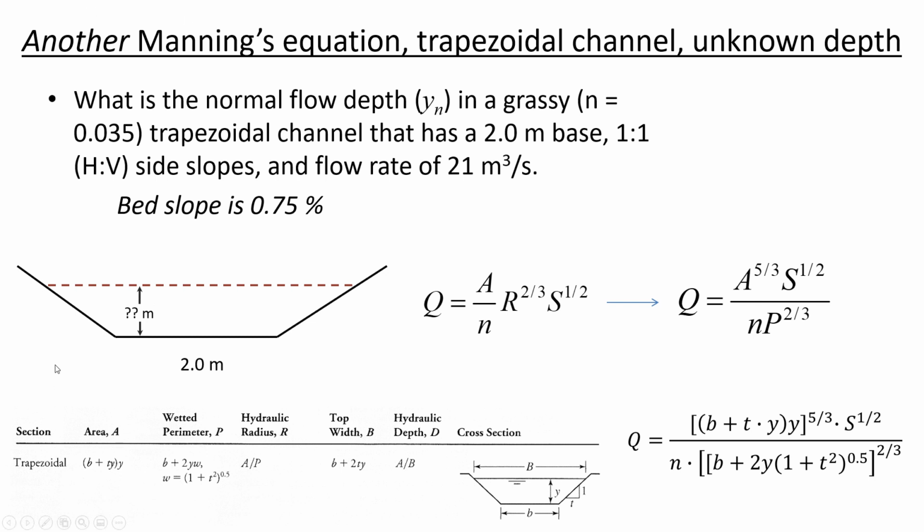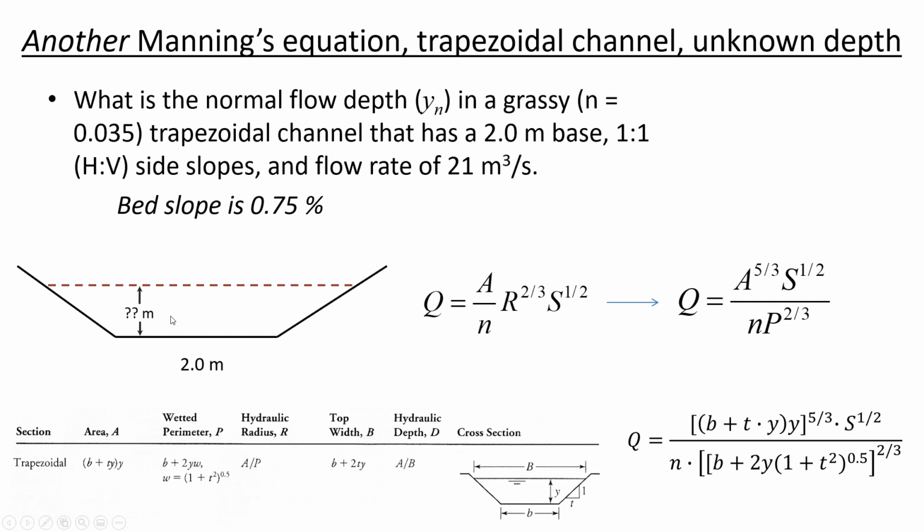So this has a bottom width, lowercase b, of 2 meters. It's grassy, so our n value is 0.035, trapezoidal channel. 1-to-1 side slopes means that t is 1, and we want to accommodate a flow rate of 21 cubic meters per second. So for a bed slope of 0.35%, what will be the depth?